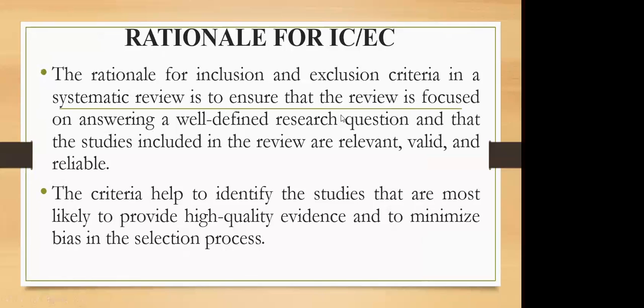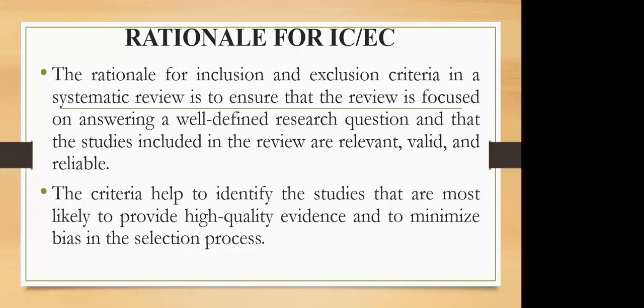So now we are going to understand the rationale, the reason for inclusion and exclusion criteria in research. Just like I've already explained previously, the rationale for inclusion and exclusion criteria in a systematic review is to ensure that the review is focused on answering a well-defined research question, and that the studies included in the review are relevant, valid, and reliable.